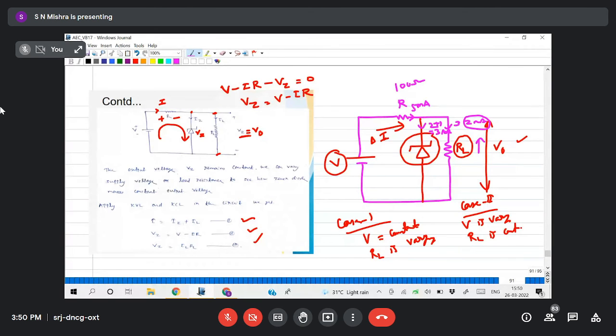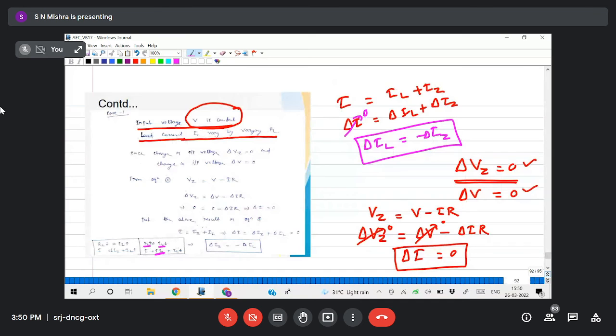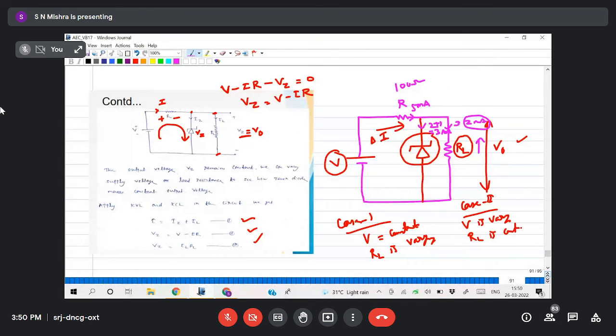And the Zener has the capability that even if the current increases, the voltage will not change; VZ will remain constant. This Zener is connected parallel to this one, so I'll always get constant voltage here. The extra current reduced here will be added here, and even with the addition of current in the Zener, it will not change its voltage. So I'll get the same voltage across this load. Are you getting my point?